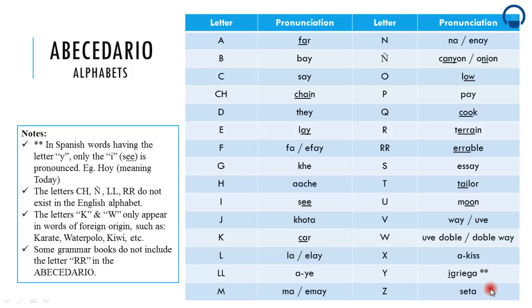Now that we know the alphabets and their pronunciation, keep practicing by writing and reading them several times to get the pronunciation right.